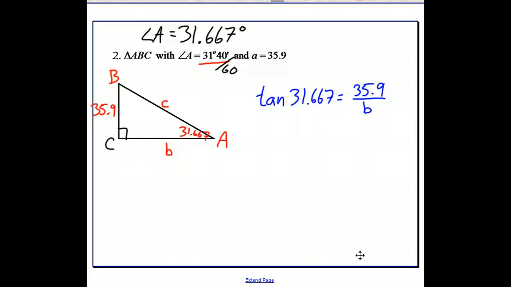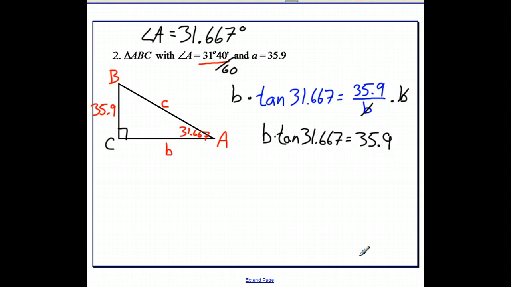So the first thing we're going to do is multiply both sides by B so that B is no longer the denominator. So now we've got B times the tangent of 31.667, and that's equal to 35.9.